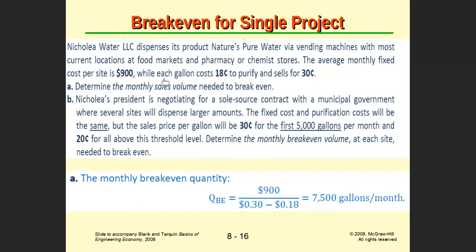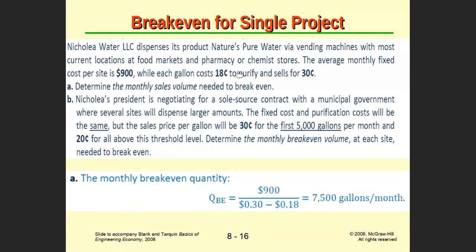Each gallon, when it says each gallon, cost, that means a variable cost, because it is based on the quantity. It's not something that is fixed. Each gallon is the unit of production.